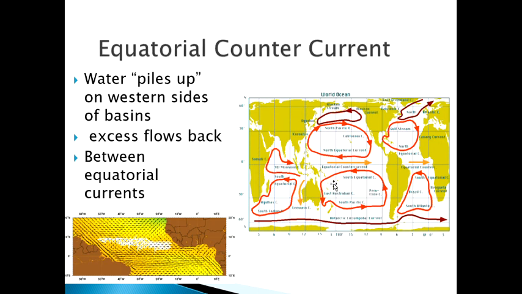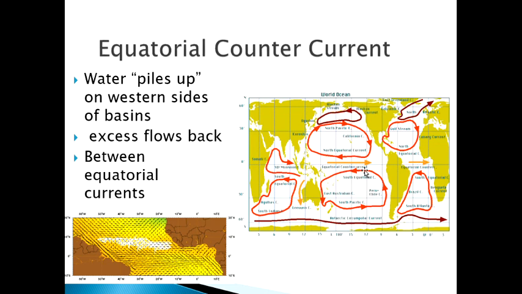Again, in the southern hemisphere, the effect is the opposite. There are also these odd little currents called equatorial countercurrents. So yes, this water piles up, there's extra water on the western sides, and as it falls down, it literally fills the gap between the 2 humps of the northern and southern hemisphere gyres, and it will flow the opposite direction.